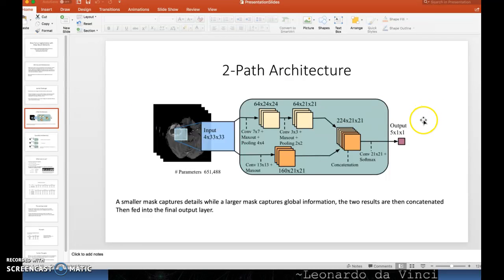The solution is a two-path architecture where we have a smaller mask to figure out the details and a larger mask which is going to keep tabs on the global context.